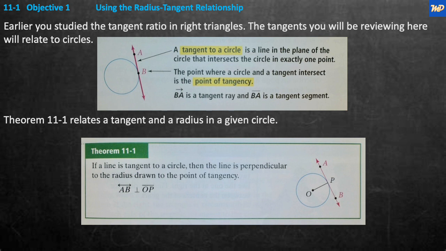And it says here that line AB is perpendicular to OP. So AB is the line and OP is the radius attaching to that line at the point of tangency, and those two are perpendicular.